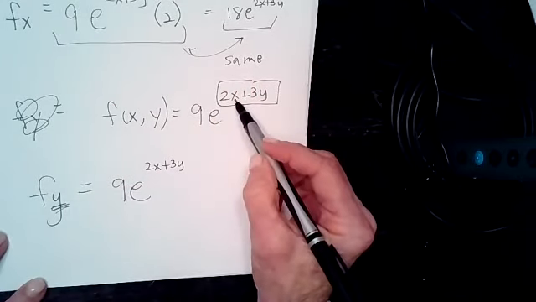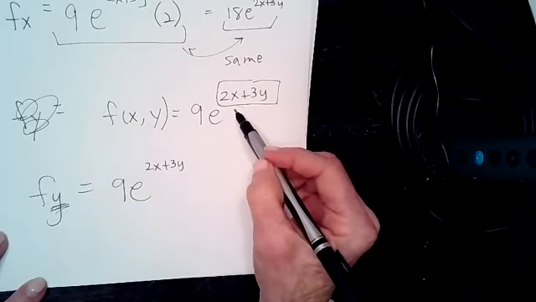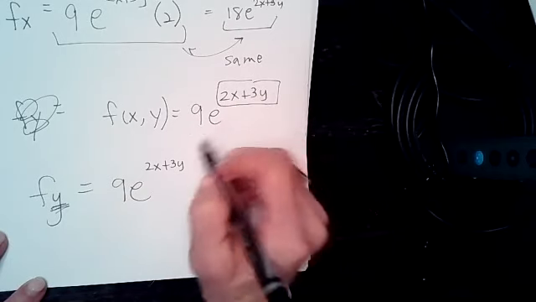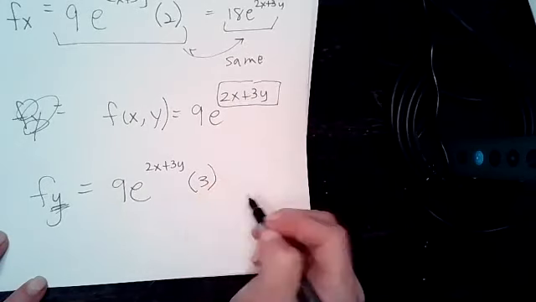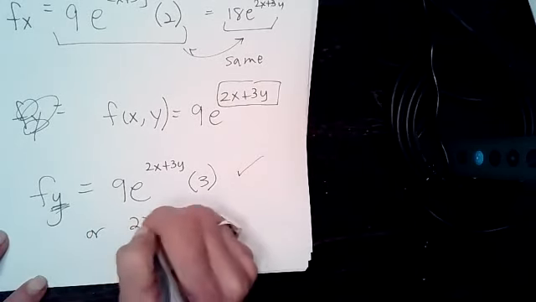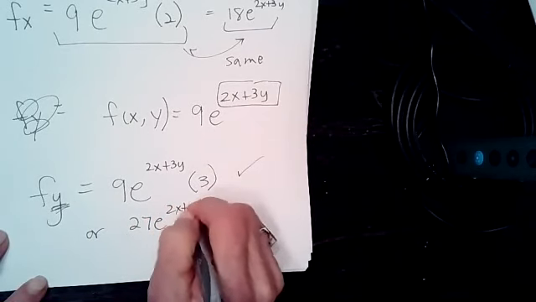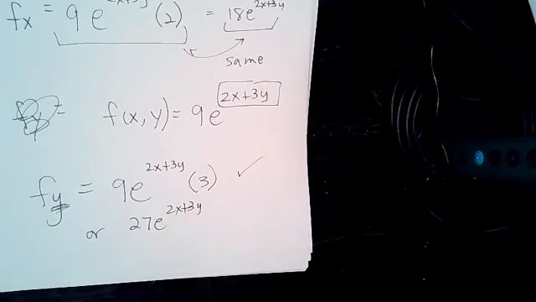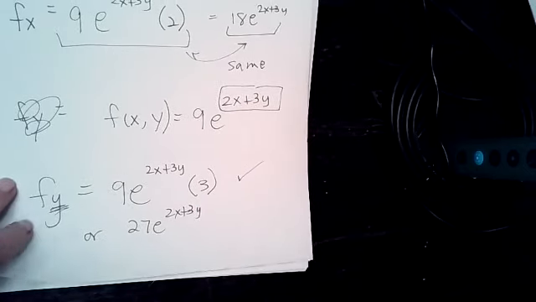So 2x is constant, so that derivative is 0, but the derivative of 3y is what? 3. So you can leave it like that, that's fine, or 9 times 3 is 27e to the 2x plus 3y. The exponent on e never changes. Okay, all right, you're doing great. We're halfway there.